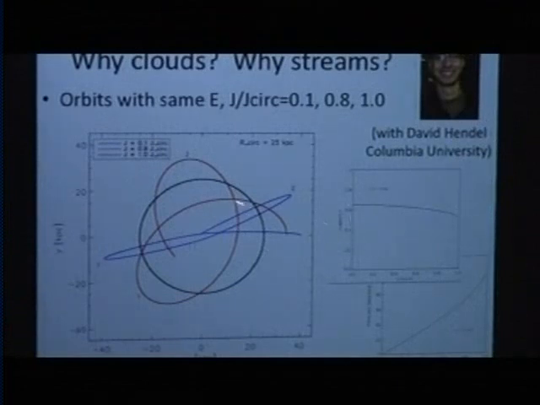This is the fraction of orbital time that a particle spends outside the black circle for orbits of different angular momentum. Here's a circular orbit, and here's a purely radial orbit. And you can see that this is pretty flat.